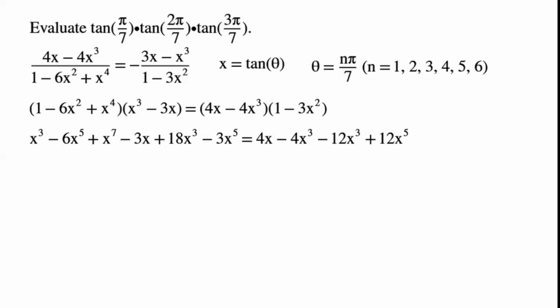6x to the power of 5 plus x to the power of 7 minus 3x plus 18x cubed minus 3x to the power of 5 equals 4x minus 4x cubed minus 12x cubed plus 12x to the power of 5.